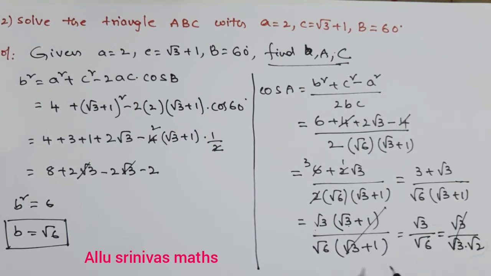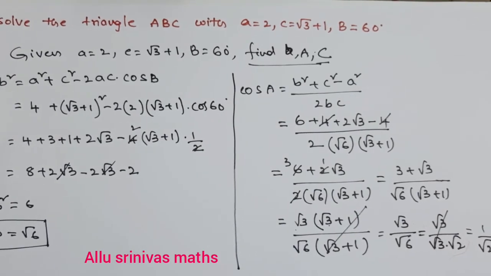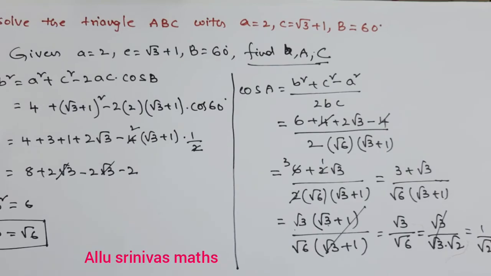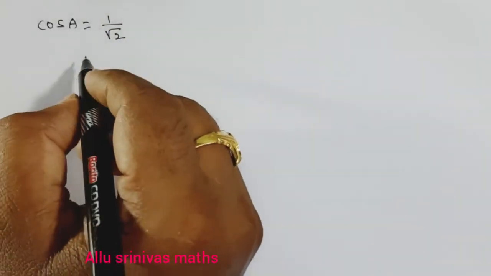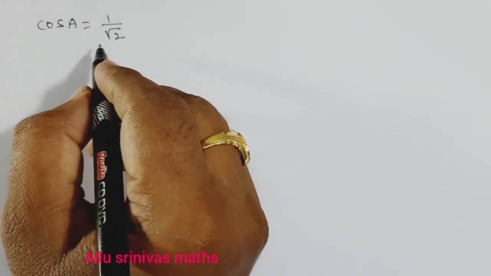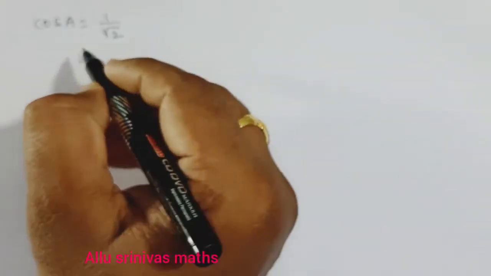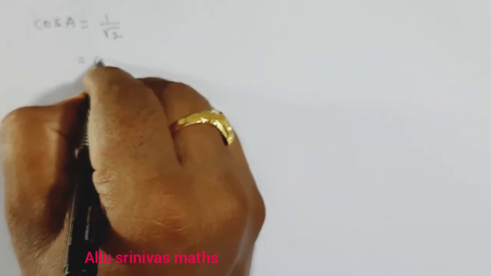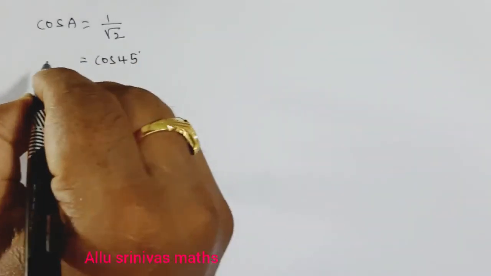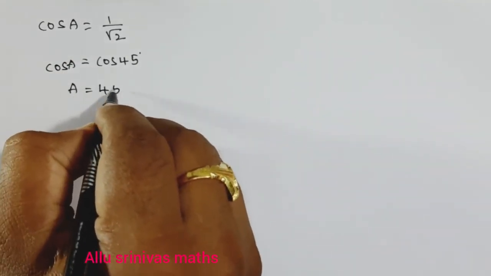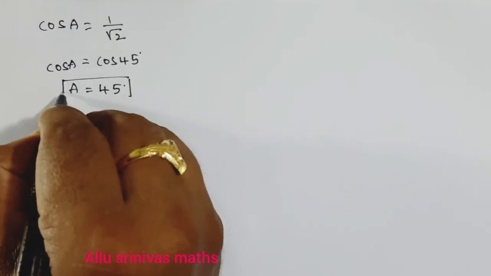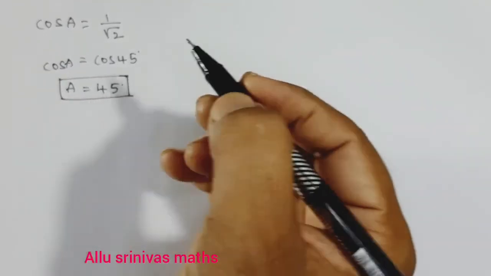And root 3 cancel in numerator and denominator. And cos A equal to finally 1 by root 2. 1 by root 2 can be written in cosine terms as cos 45 degrees. Both sides cos cancelled and the required angle A equal to 45 degrees.